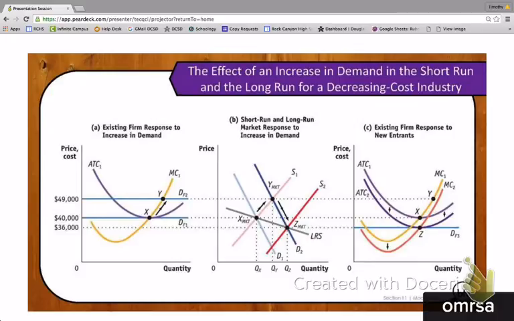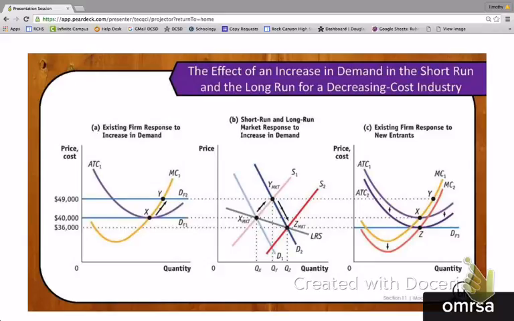In your textbook, it provides the market for electric cars as potentially a good example. As more firms produce the cars, the infant industry of lithium batteries explodes, and average costs due to economies of scale fall as more batteries are produced. And so you can see the impact on the individual firm in panel C. Instead of the average total cost curve and marginal cost curve shifting up as they did in an increasing cost industry, now they shift down in a decreasing cost industry, and so the price eventually falls to where price equals the new marginal cost at a different point.